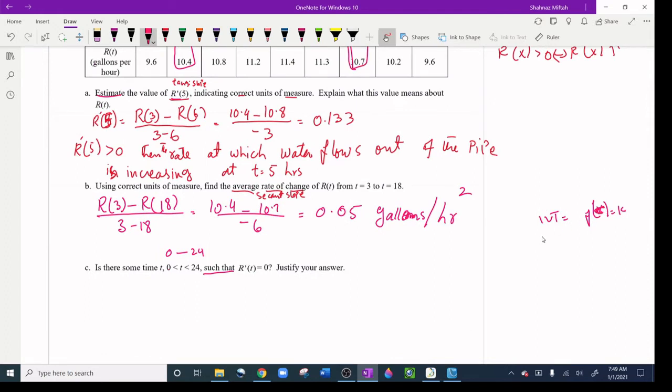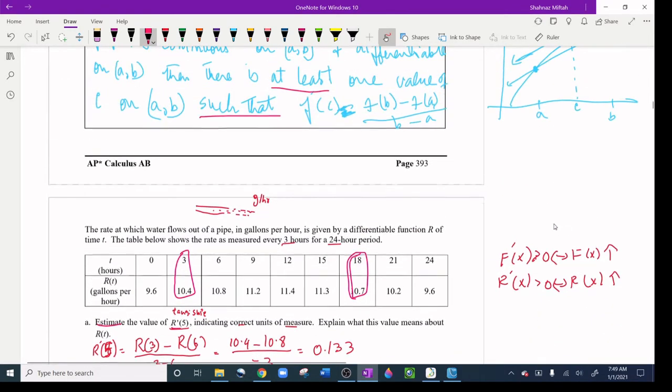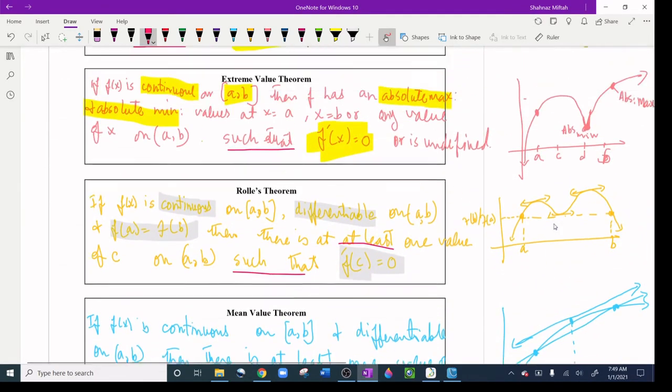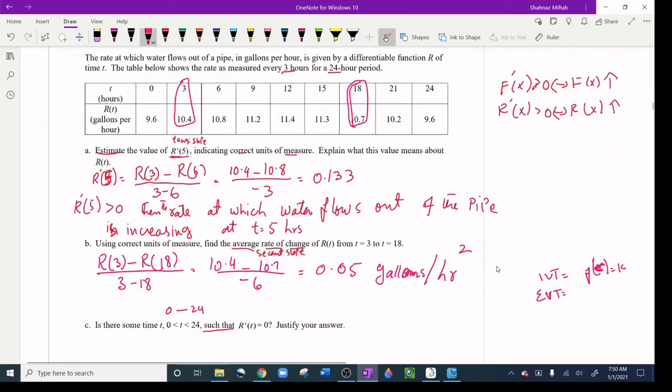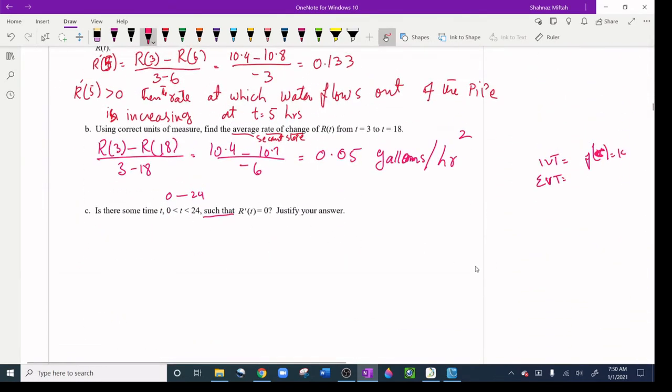And then you have the extreme value theorem where they said you have to have an absolute maximum and minimum, and the formula for extreme is f prime equals 0 or undefined. So this one doesn't work for the undefined. This is going to go exactly to, it's f prime c equals 0 or undefined.